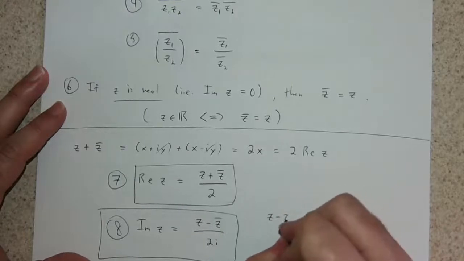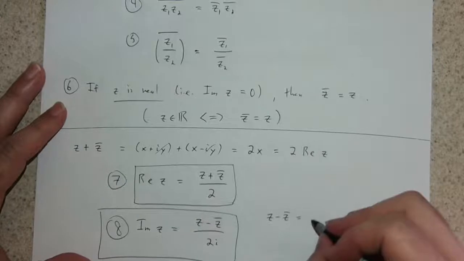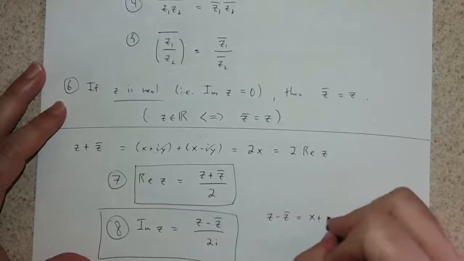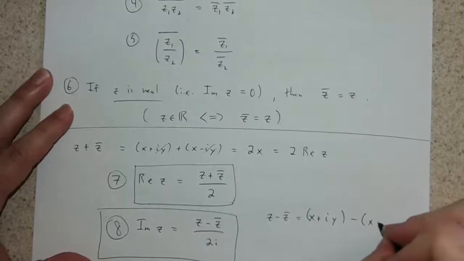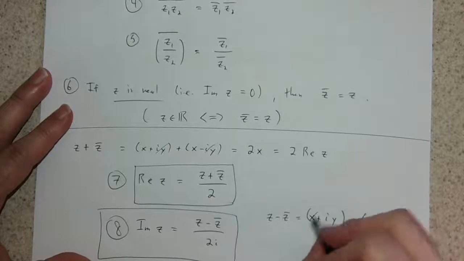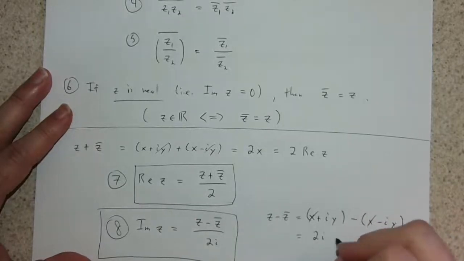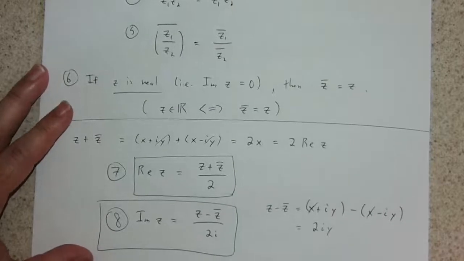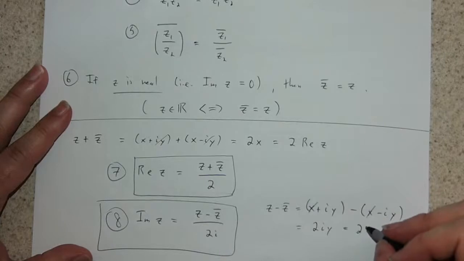So what is z minus z bar? All right, so z minus z bar then is x plus iy, minus x minus iy. So the x's cancel, and I'm left with 2iy. So that is 2i times the imaginary part of z.